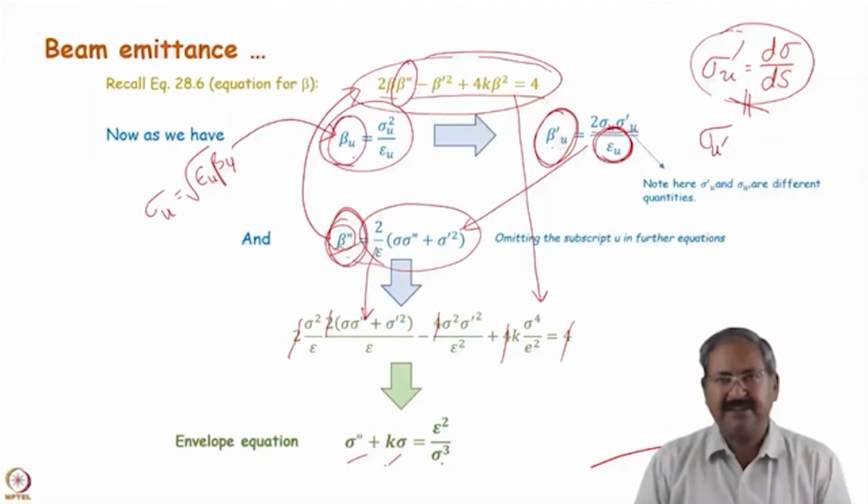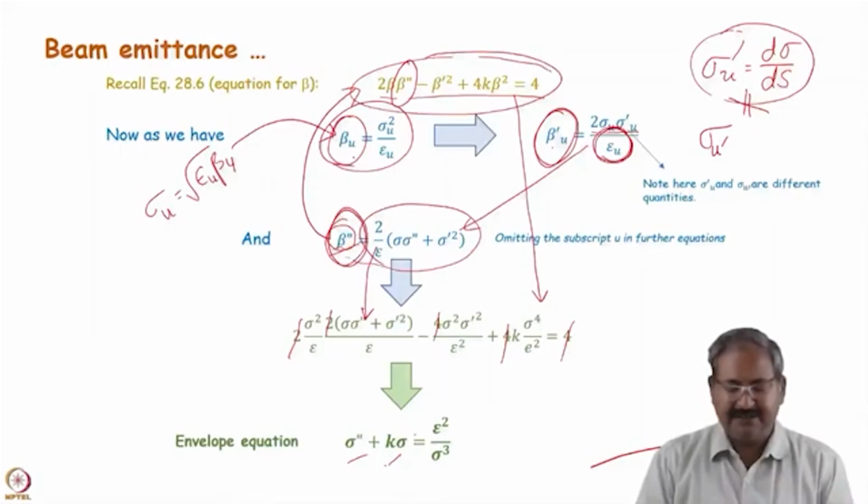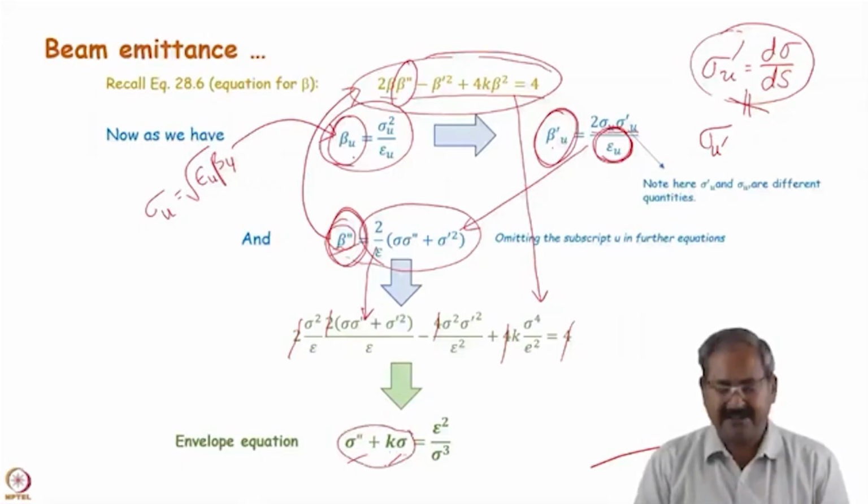So now you can see in the equation of beam sizes, it is like the simple harmonic oscillation, sigma double prime plus k sigma, but there is an additional term, and this additional term comes because of this emittance.